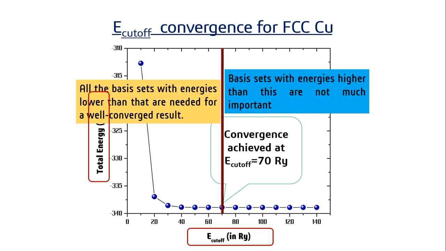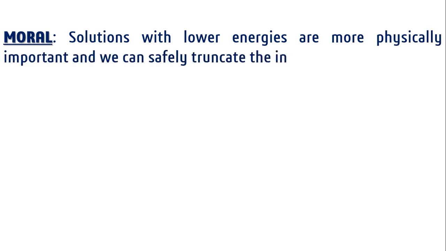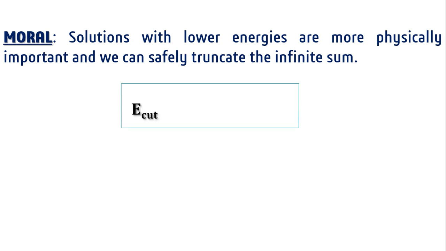Now, as the calculations have shown, it is reasonable to expect that the solutions with lower energies are more physically important, and we can safely thus truncate the infinite sum there to include only solutions with kinetic energies less than that cutoff that we have got by the convergence test.